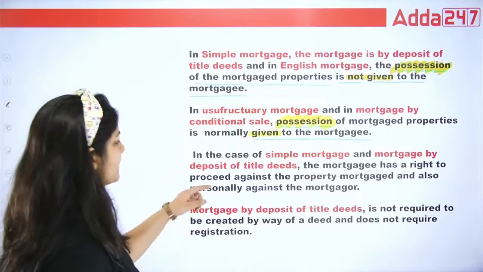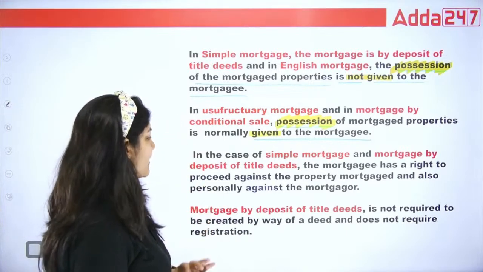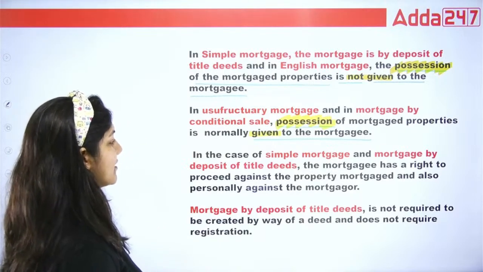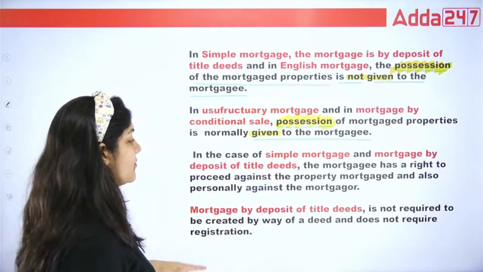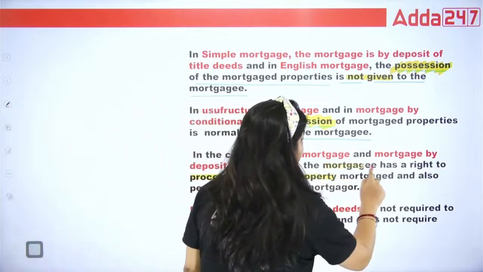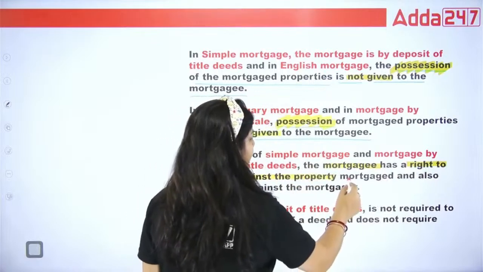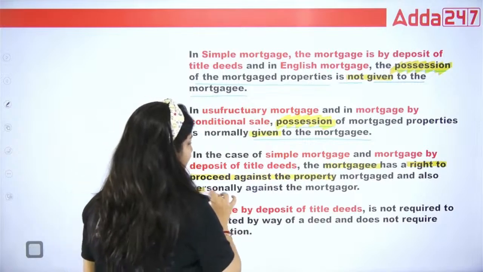In the case of simple mortgage and mortgage by deposit of title deed, the mortgagee has the right to proceed against the property mortgaged and also personally against the mortgagor.